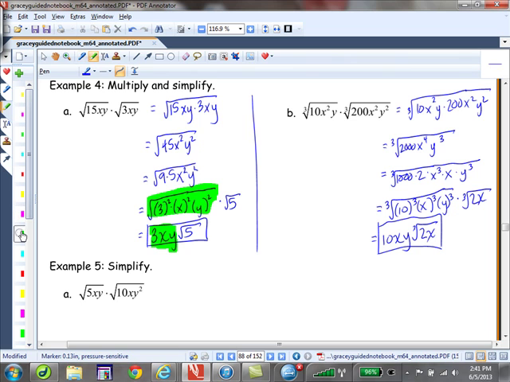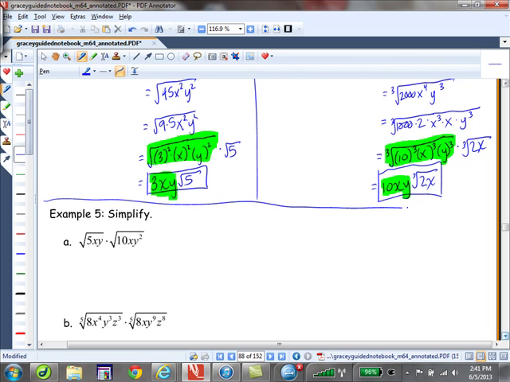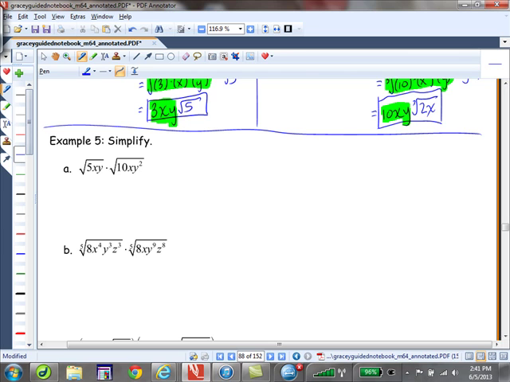So again, this here we were able to evaluate as 10xy. All right. So the next example just says to simplify. So now you have to decide if you need to multiply and simplify or what to do. Okay? And there's a couple ways a person could go about it.